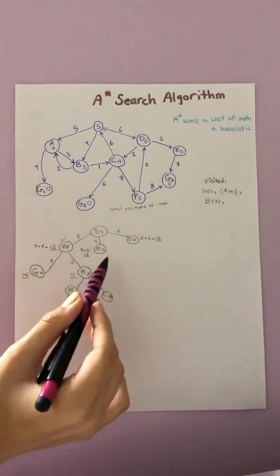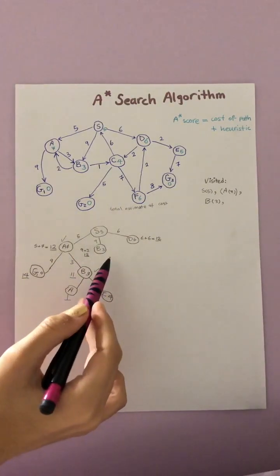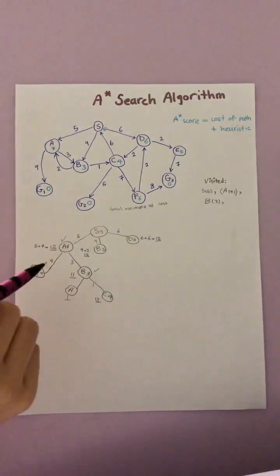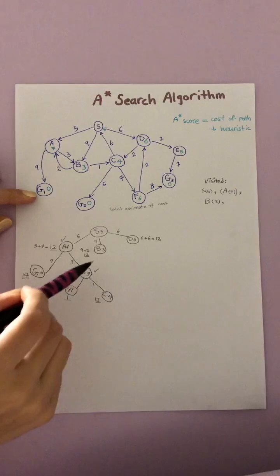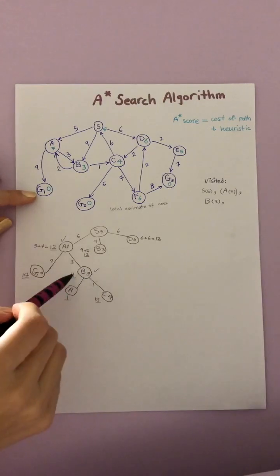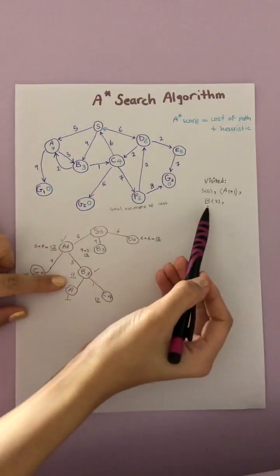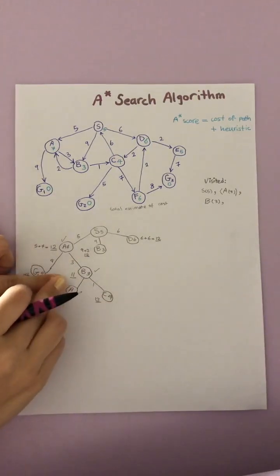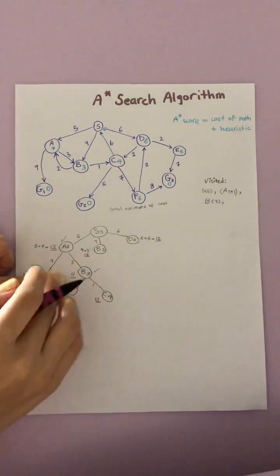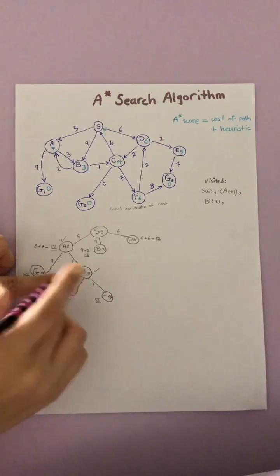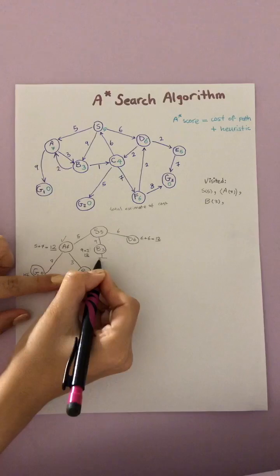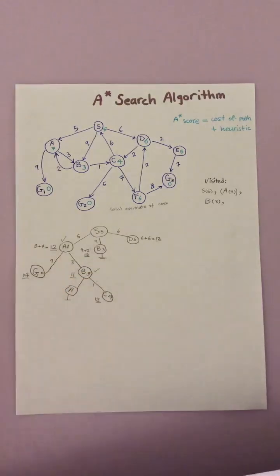So in alphabetically policy, we have to explore this one. But as we have seen here, we have already visited B, and it costed us 11, but here we have 12, so this will be a dead end as well.